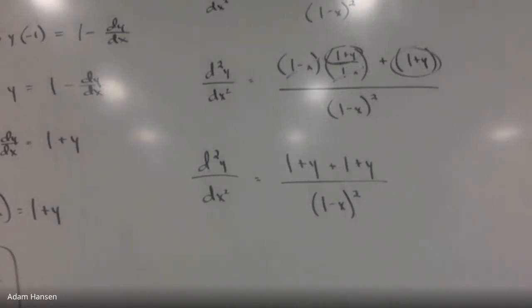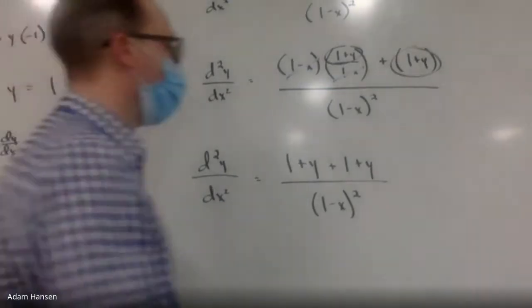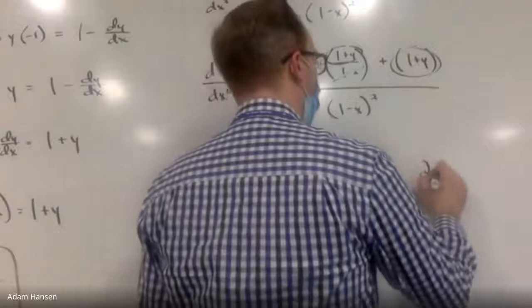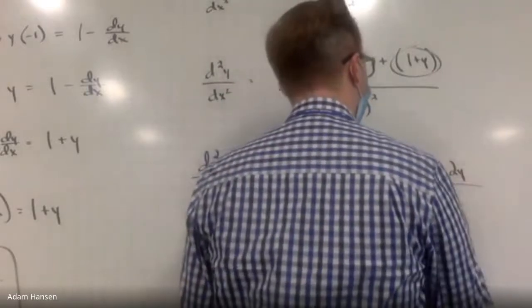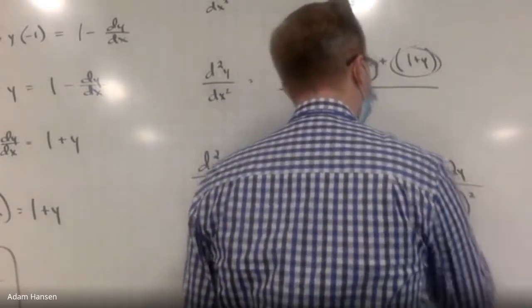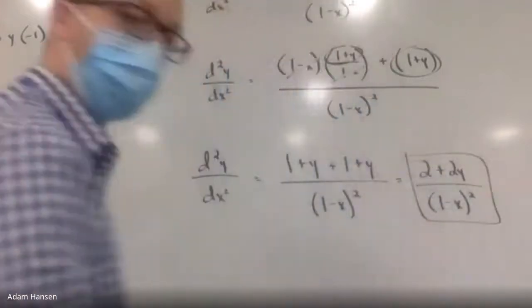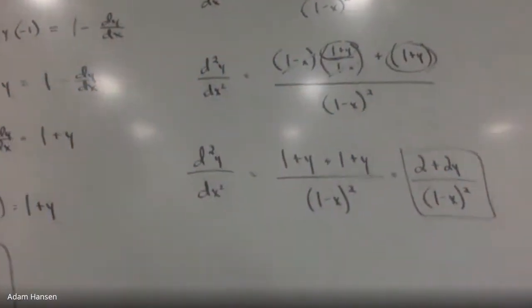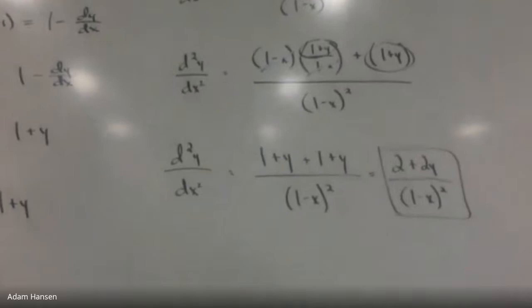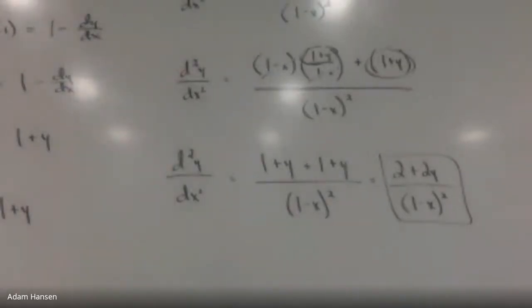Combine the like terms on top. I see 2 plus 2y over quantity 1 minus x squared. That is what we need.